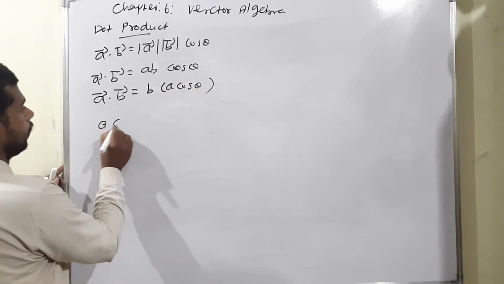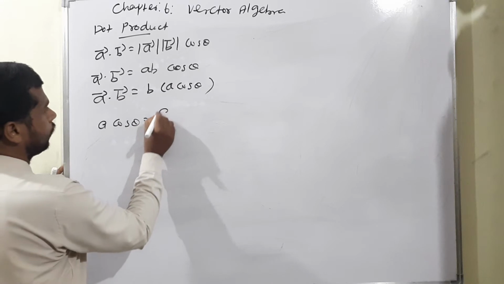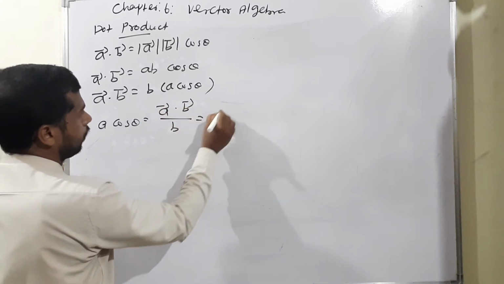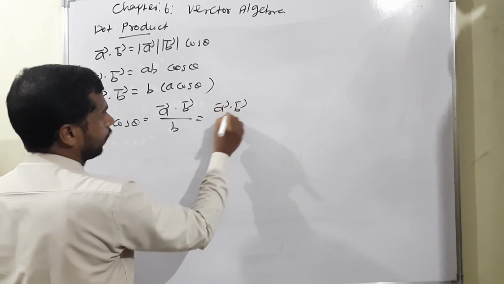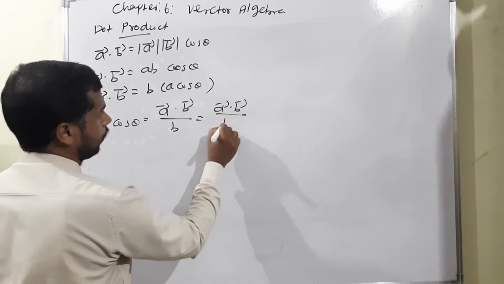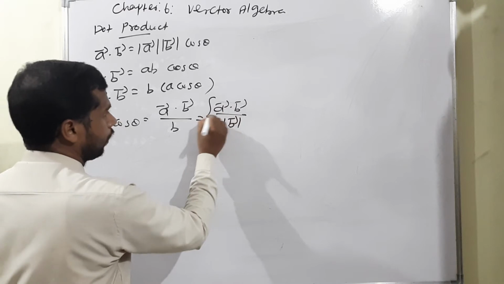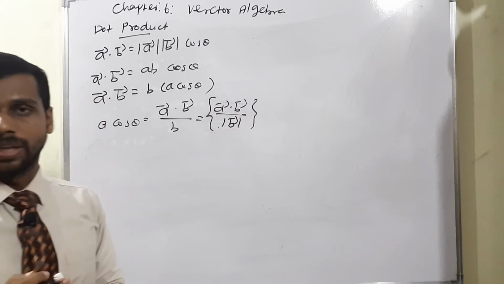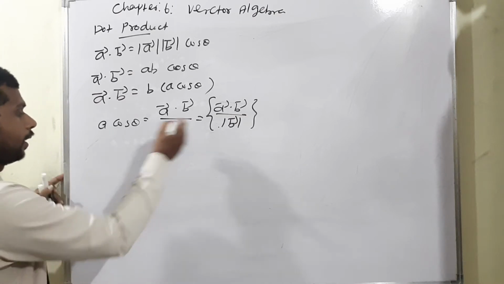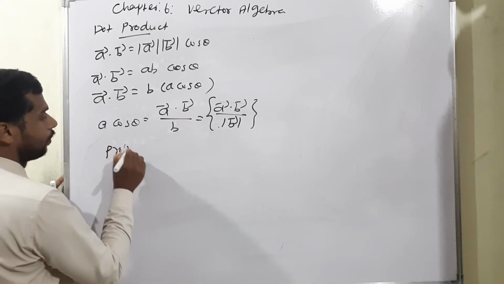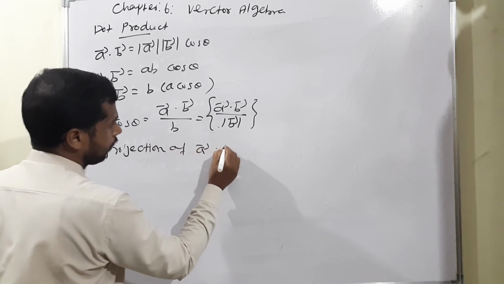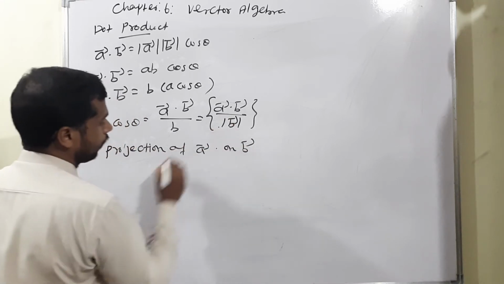Therefore A cos theta is equal to A vector dot B vector divided by B, where B is the modulus of B vector. Already we know this is one of the important lines: projection of A vector on B vector. What is the term?